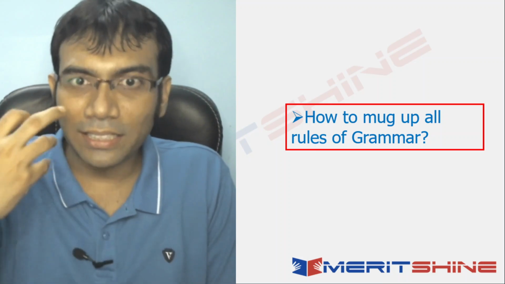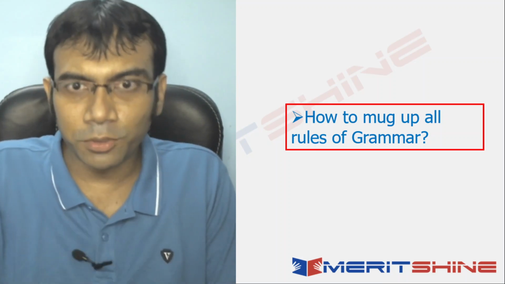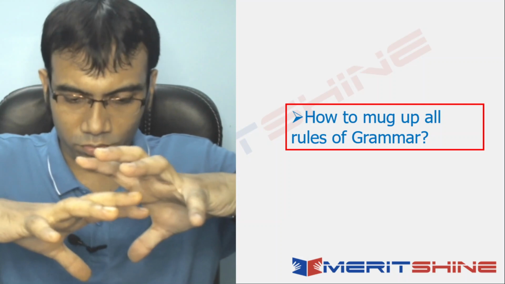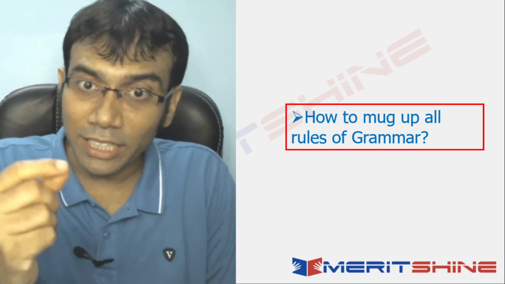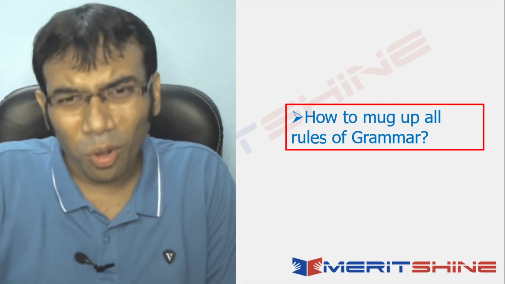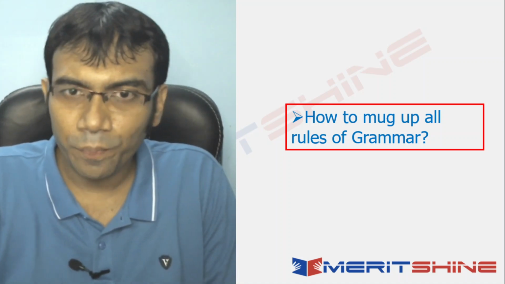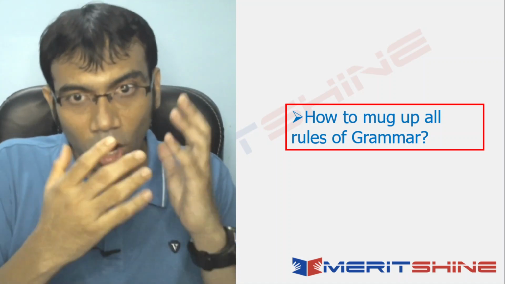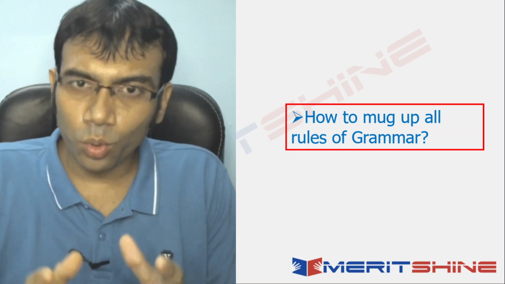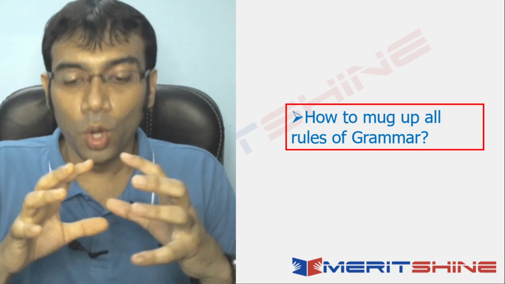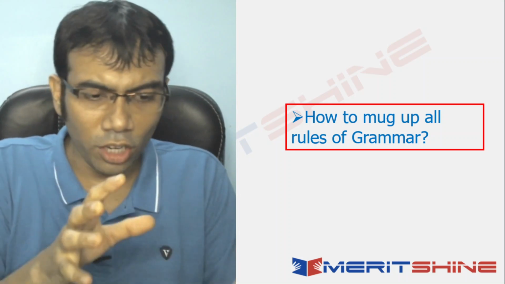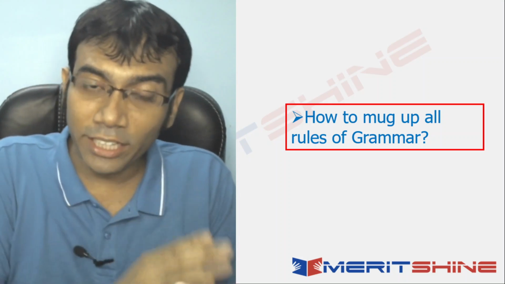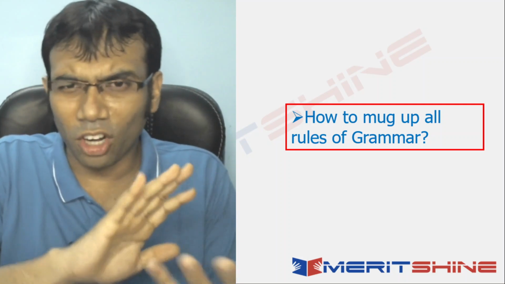Remembering and understanding 30 to 40 concepts, main concepts, which is the foundation of English, is much easier than remembering 1,000 odd rules. Right? So if you have not gone through the playlist, go through it. It would help you to collect your thoughts, concentrate your energies in what is important and not deviate.